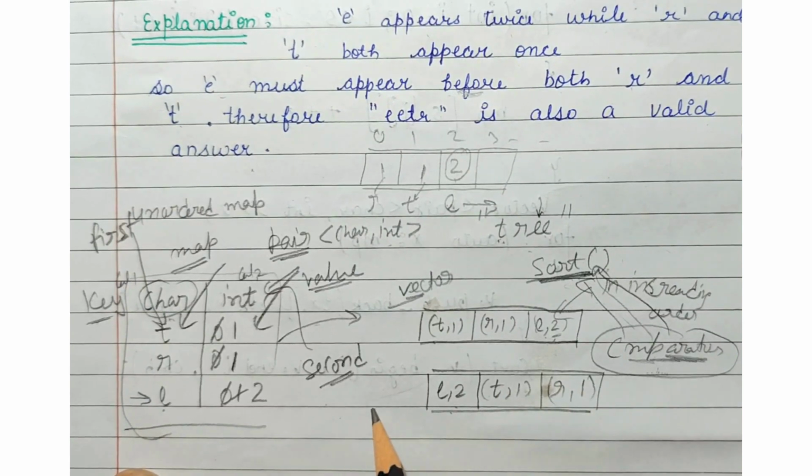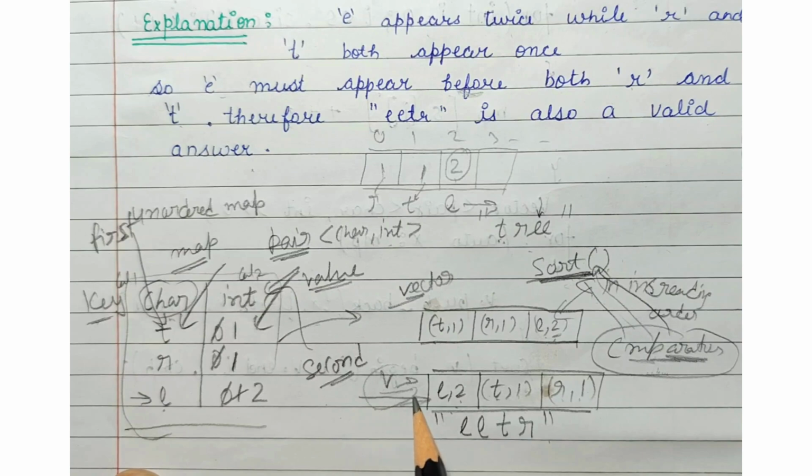After sorting, now I fetch E, which has a frequency of 2, so I display E 2 times. T has the frequency 1, so I include T only once. After this R has only one frequency, so I include R one time, and then I display this string.